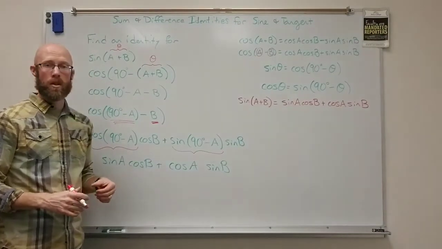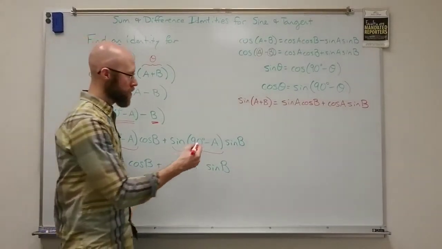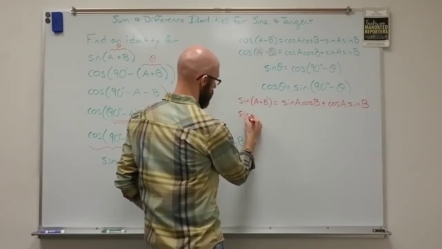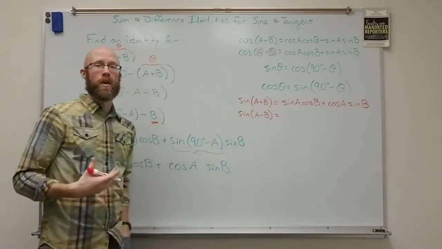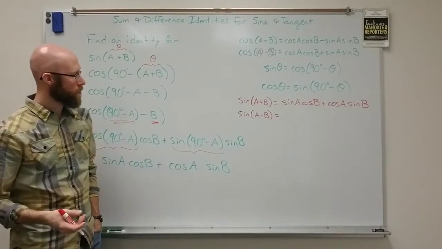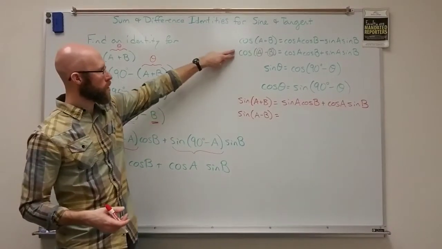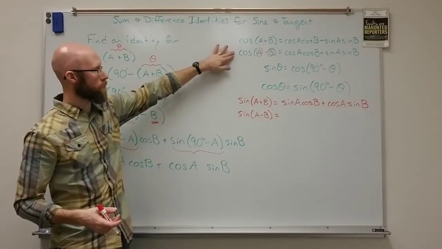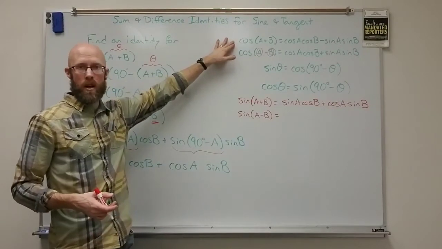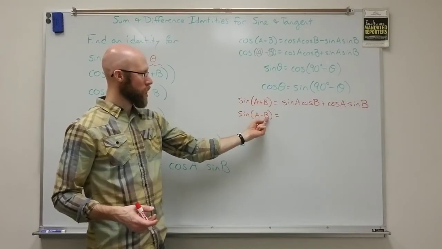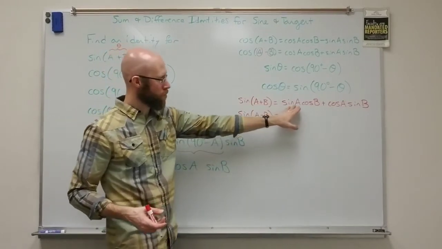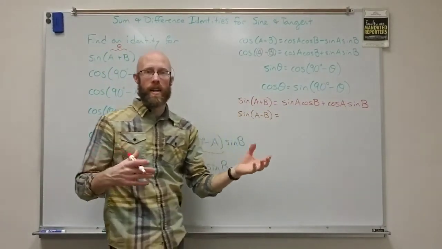There is a similar difference identity for the sine as well, the sine of a minus b. And I can go through and derive this in a similar way that we did where we went from the cosine of a minus b to the cosine of a plus b. You just replace the b here with a negative b and then go through this, use an odd-even identity.